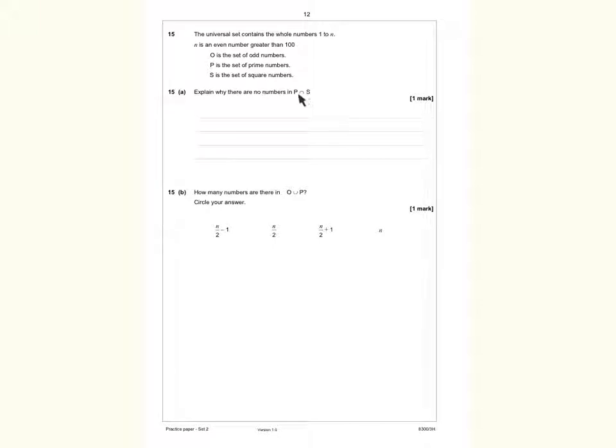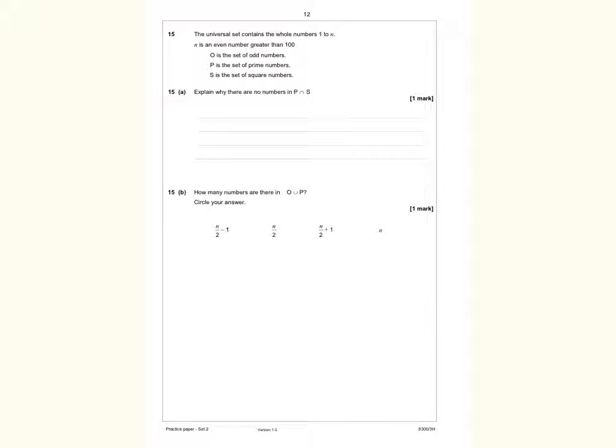So prime numbers have two factors. Square numbers that are greater than 1 have at least three factors. The square number of 1 has one factor, but that's not prime, so that's not included. And every other square number has at least three factors. For example, it will have the factors 1 and itself, and also the number that you squared.